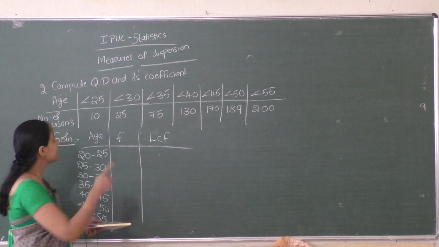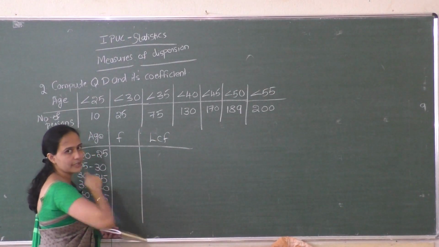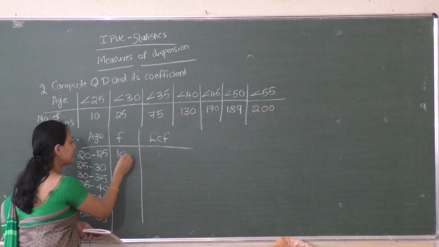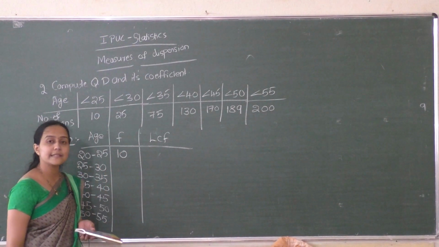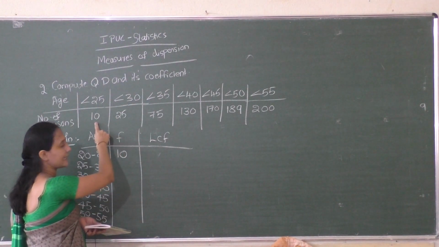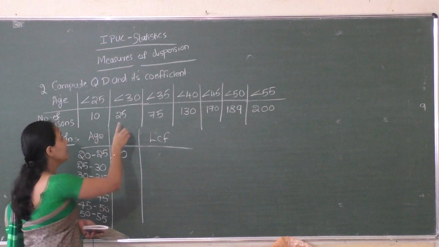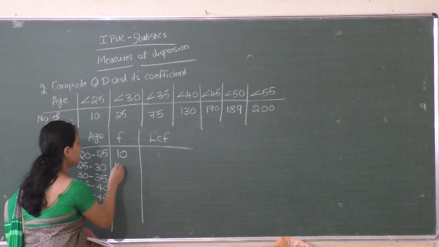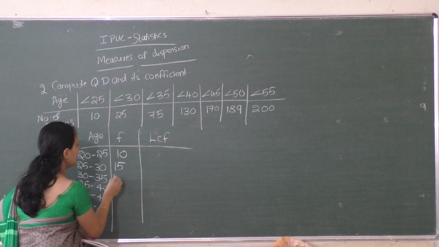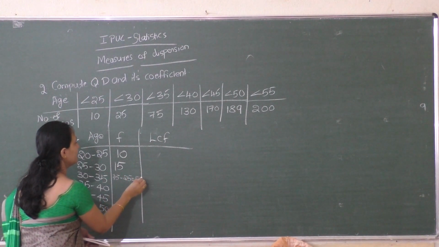Clear? Next, see 10, 25, 75. These are less than cumulative frequencies actually. So the first frequency will be the same, 10. Next frequency is 25 minus 10, since they are less than cumulative frequencies, that is 15. 75 minus 25, that is 50.